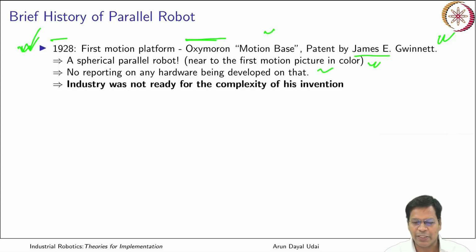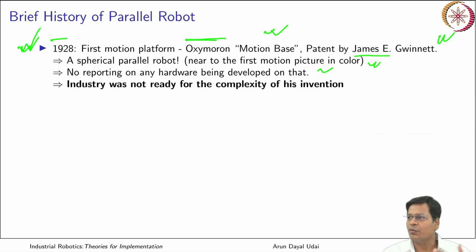So after this patent there was no hardware which actually came in, okay, and because you see this parallel robot is very complex, the mathematics is complex, computing the workspace is very complex, estimating where it will go by moving just one joint, it is very difficult to visualize, okay.